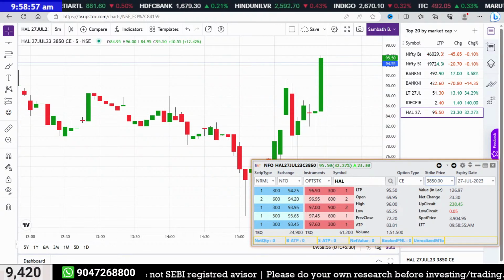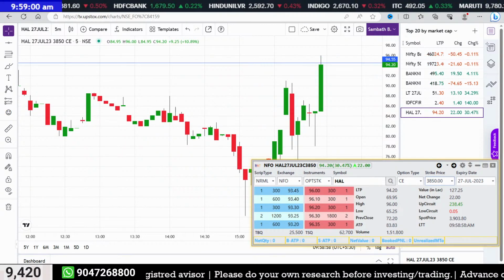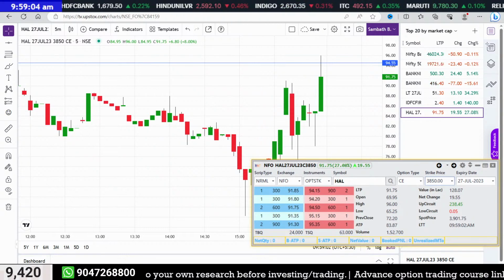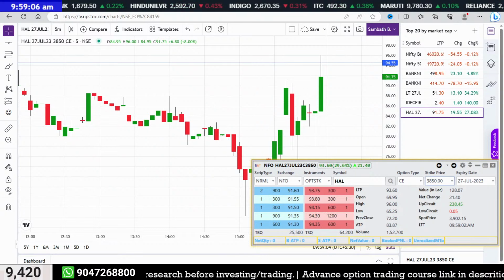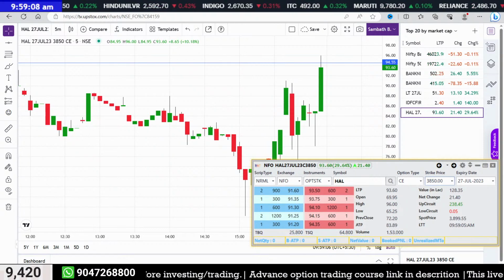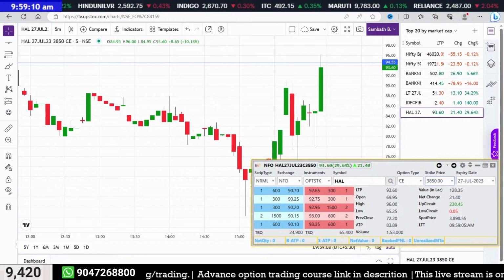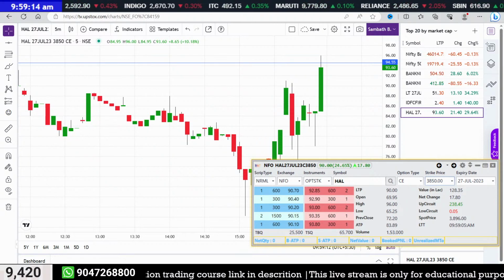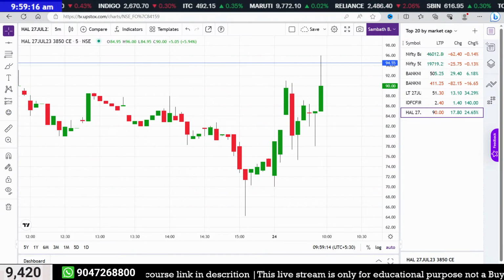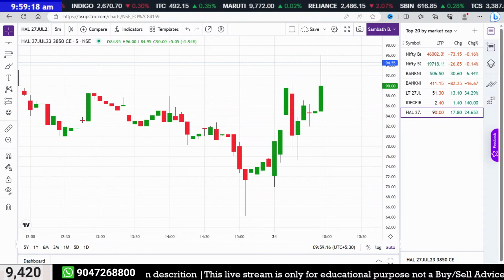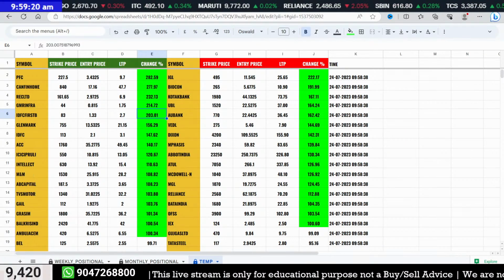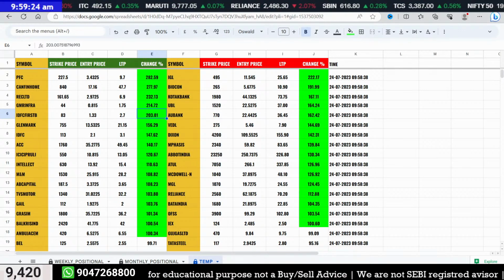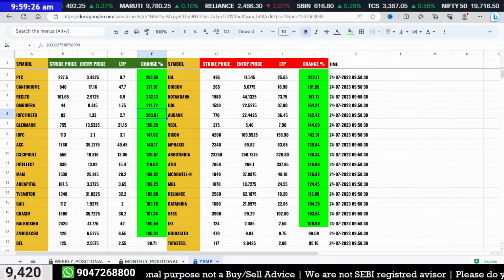And currently the margin for this trade is somewhere around 76,100 for this HAL. Now it is 93.96, which I'm looking for, exactly triggered. Now it is trading near about 94.5, which is my entry. So now it is triggered. Let me track whether it is going to move upside or downside. If you know that advanced strategy, you can follow. If you don't know the advanced strategy, you can use any charts and indicators to take opportunities.